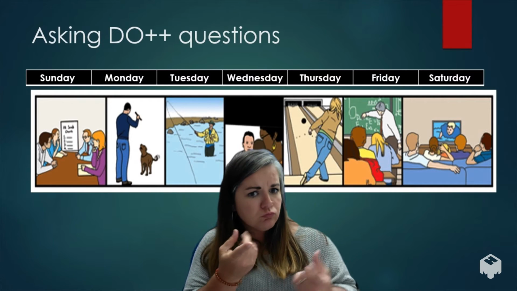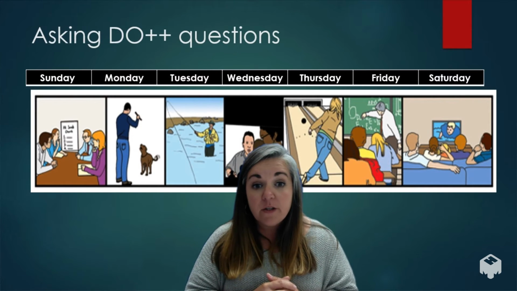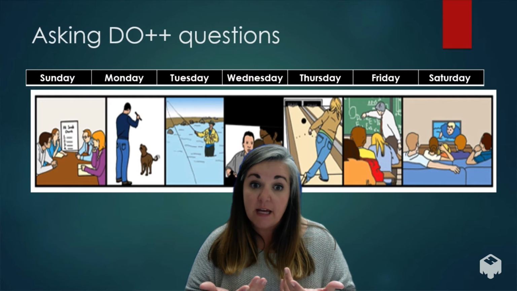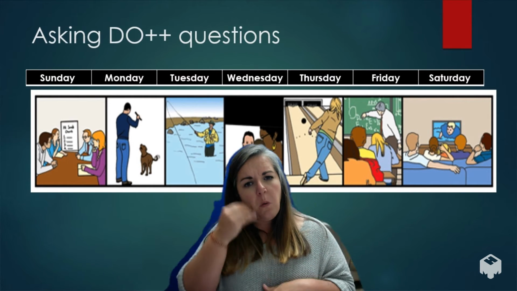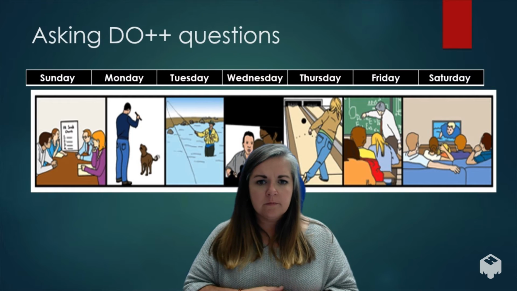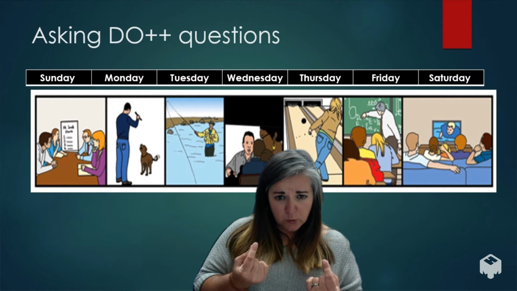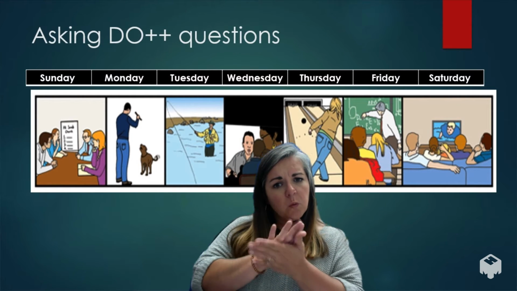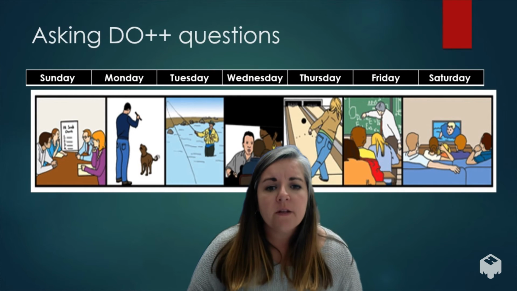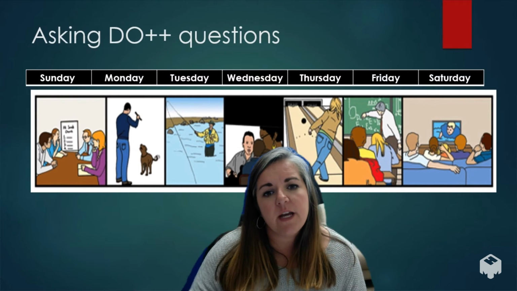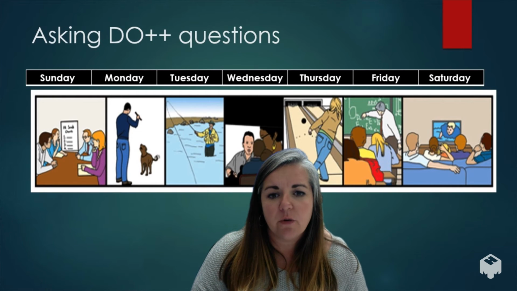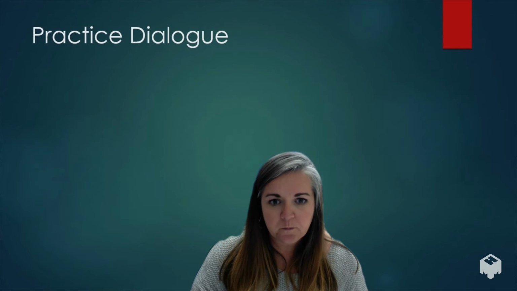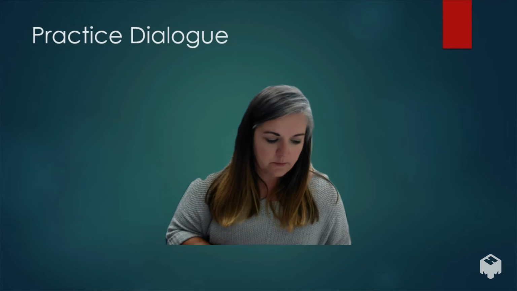So we can also use that sign as a statement. Okay, so you can use that sign either or. So take each one of these days and activities and go ahead and practice those on your own. All right.